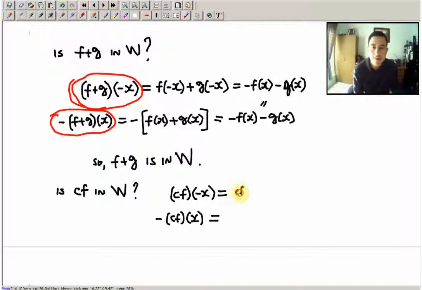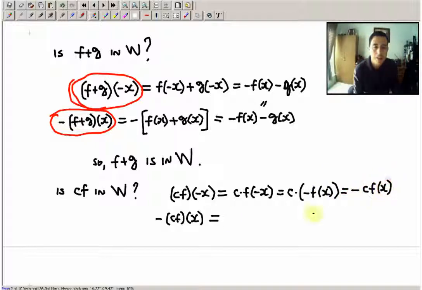So this is cf, let's put here parentheses, applied at negative x. This means c times f of negative x. That's the definition from college algebra: cf is c times f of x, in this case negative x. Now f is an odd function, so I can pull the negative sign out. So this becomes negative c f of x.